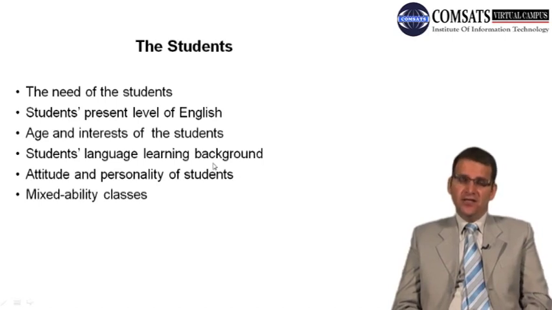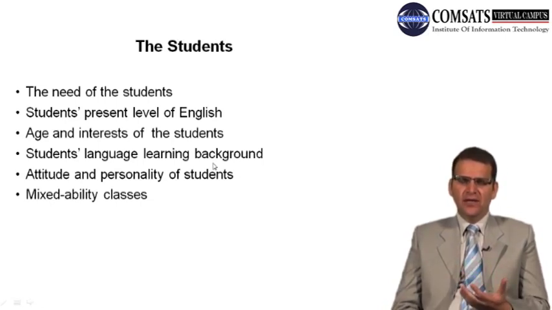Mixed ability classes, yes, again, it's a problem. It would be very ideal if you had a class with the same ability. So it's quite natural that you have students with different abilities. So in this case, how this can affect the content of the lesson is that when you make your lesson plan, you have to keep in mind the shining students, and also keep in mind the weak students, right?